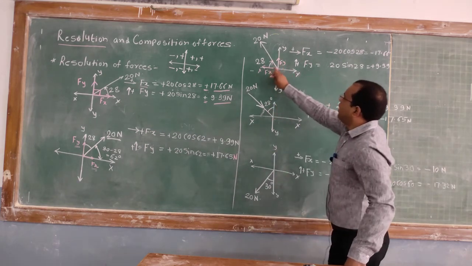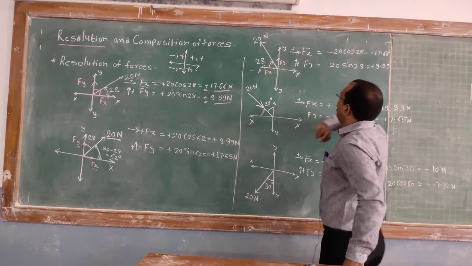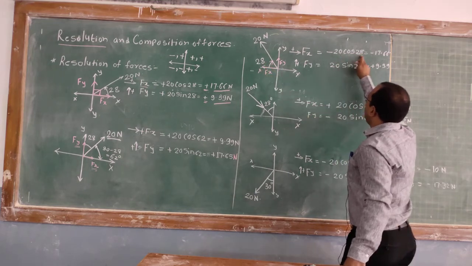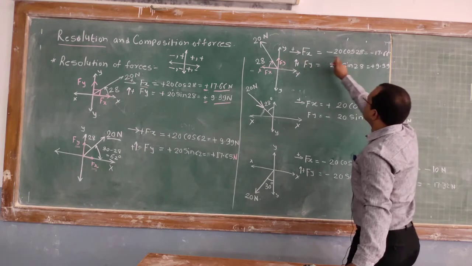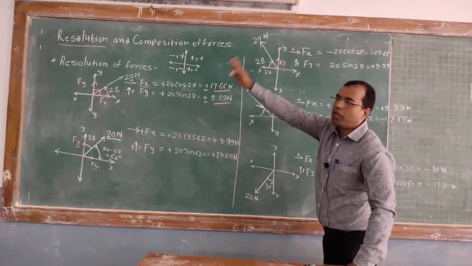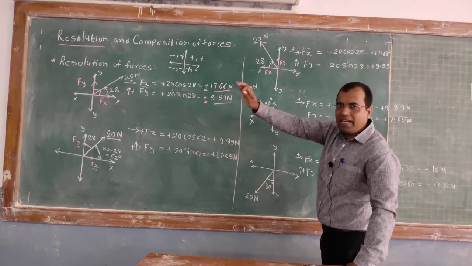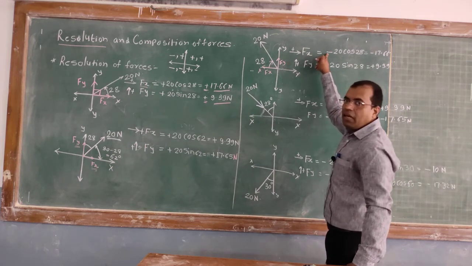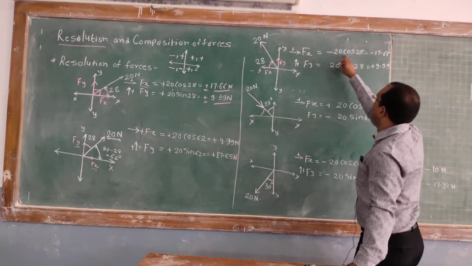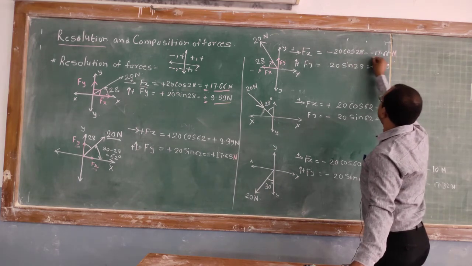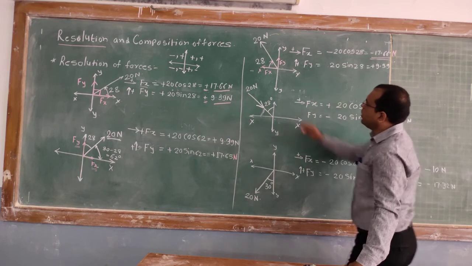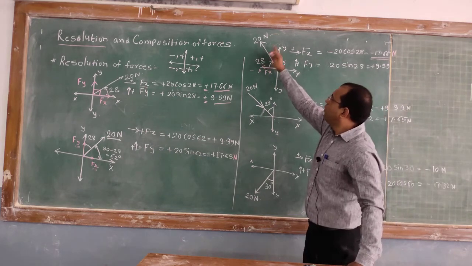So what is the x component? 20 cos of 28, but our sign convention is towards right is positive. This force is towards the negative direction or towards the left, therefore it appears as a minus. So minus 20 cos of 28, its answer is 17.66 Newton.